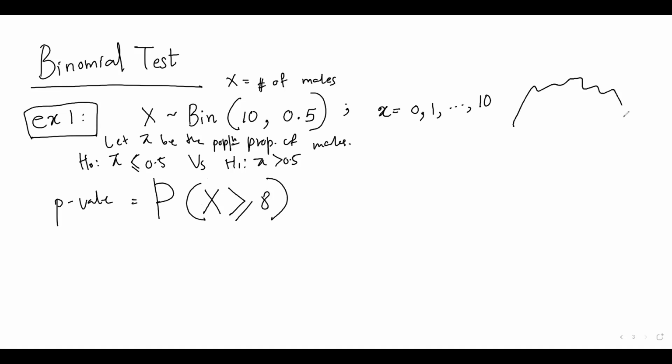If this is the distribution, it is not continuous, right? We are checking whether the proportion is greater than some value. So this is X. We are checking whether it's greater than or equal to 8. This hypothesis test is designed to do it like this.